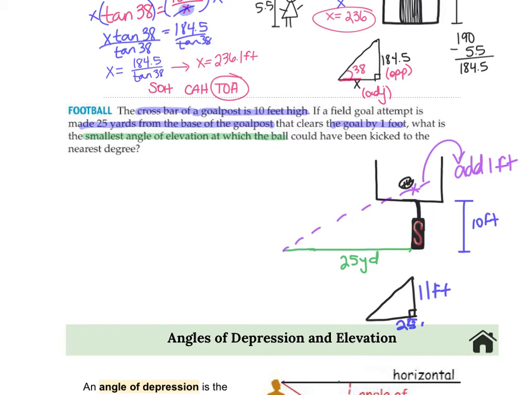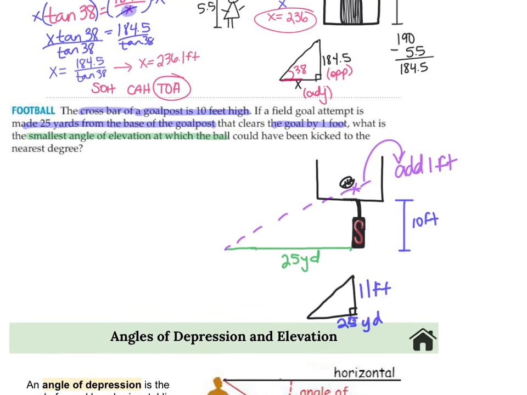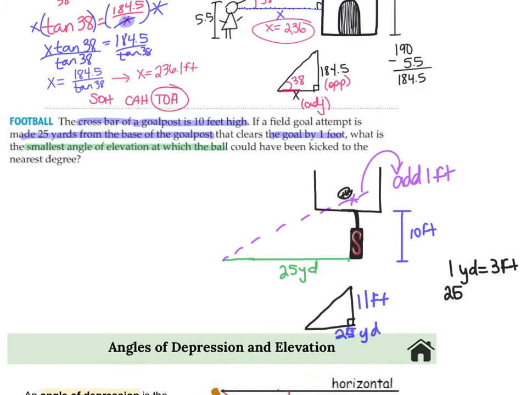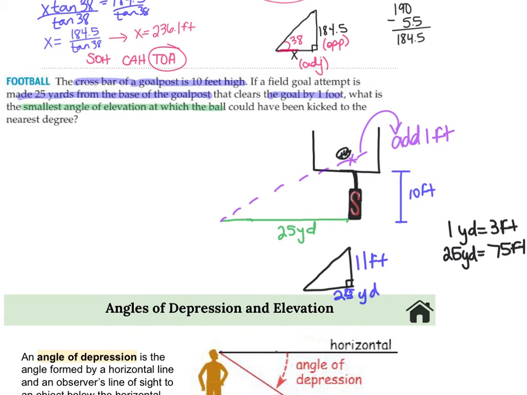But before I get started, notice here, 11 feet, 25 yards. We need to have these two units the same. If I know that 1 yard equals 3 feet, then I can say that 25 yards is 75 feet. Let's try to keep whole numbers. So for our purpose of solving, we actually need to use 75 feet for this base.